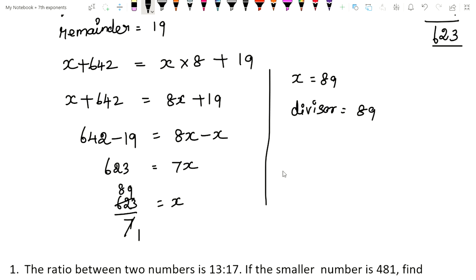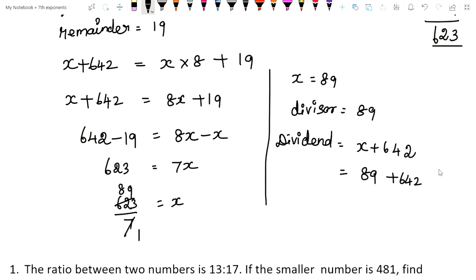Next we need to find out the dividend. Okay. So dividend equal to x plus 642. Here x value is 89. 89 plus 642. Okay.